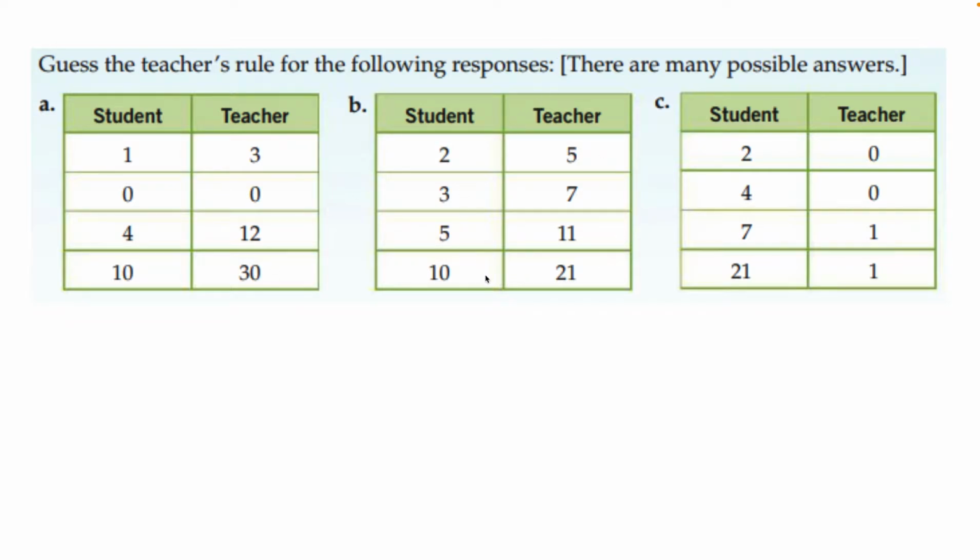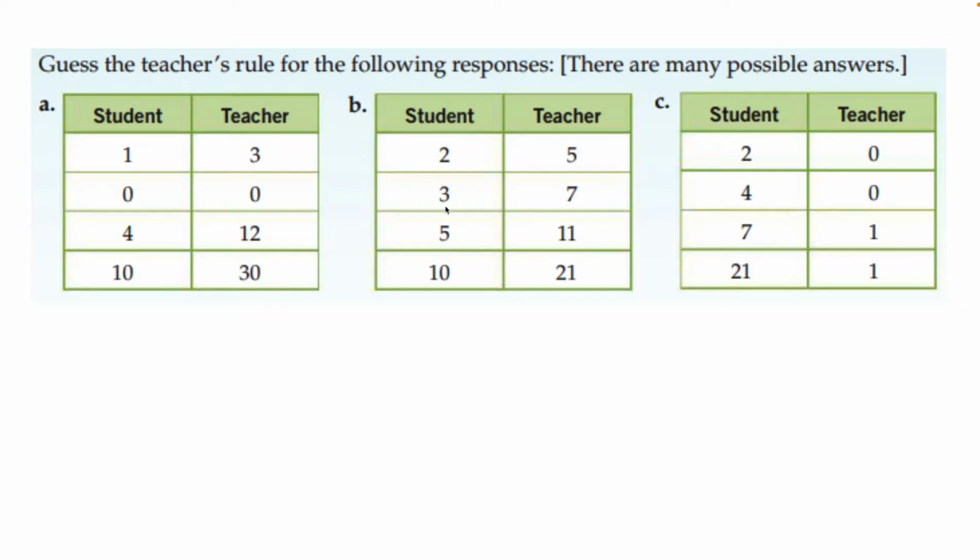How about this one? What kind of rule do you see here? The teacher's rule I examine here can be double the original number. So I get 2 times 2 is 4, but I need to add 1 more to get 5, right?